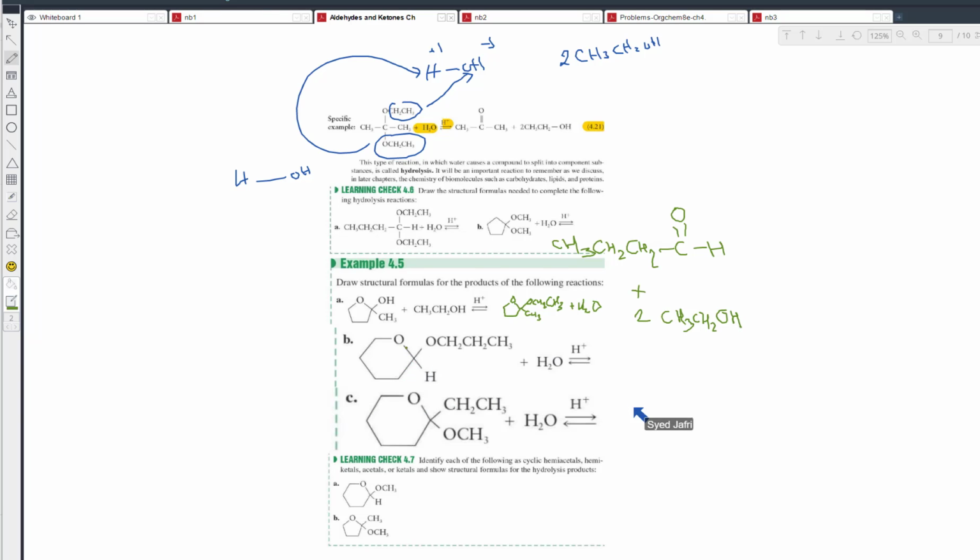Alright, let's see. It looks like a cyclic ketal. No, an acetal, you're right. Sorry, a cyclic acetal. Okay, what's happening now? Hydrolysis, is it? Yeah, this is hydrolysis, water in the presence of acid.